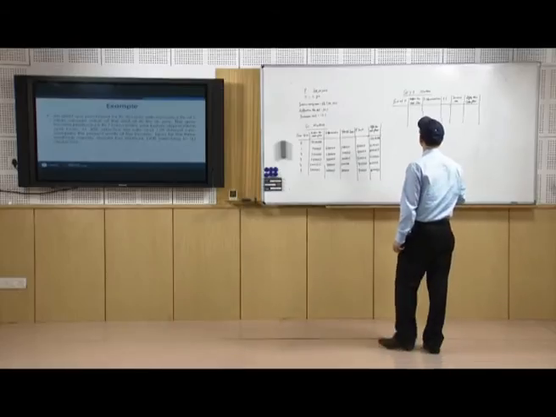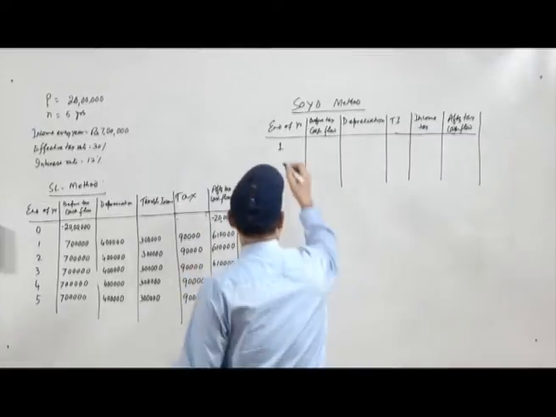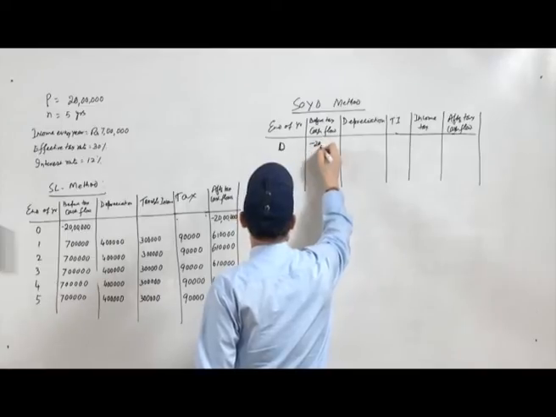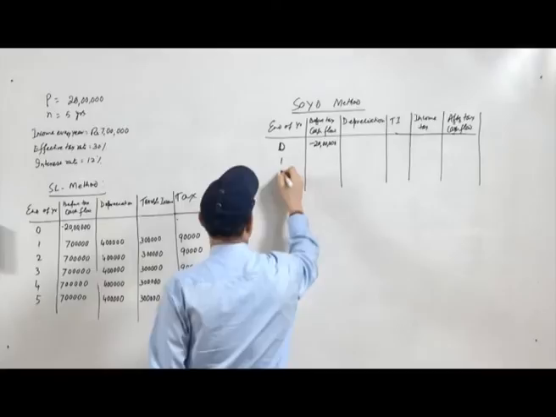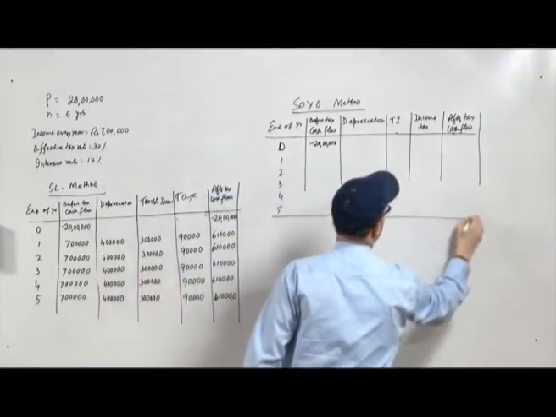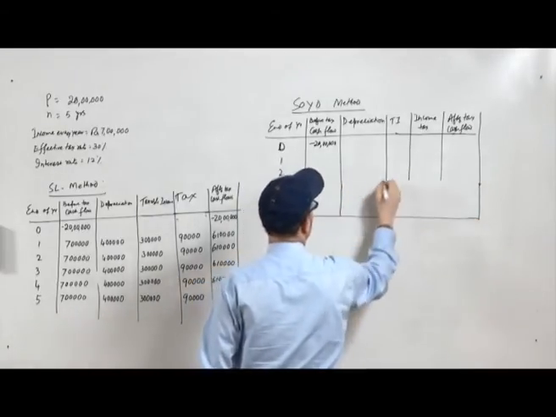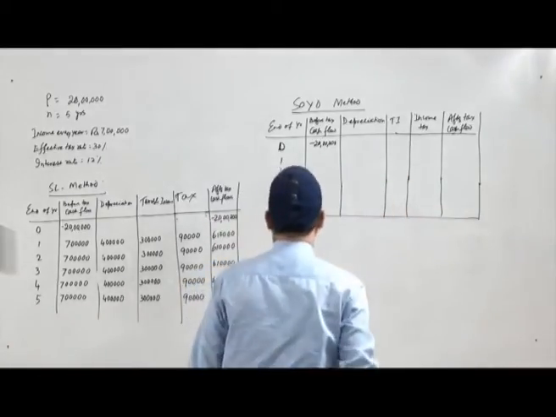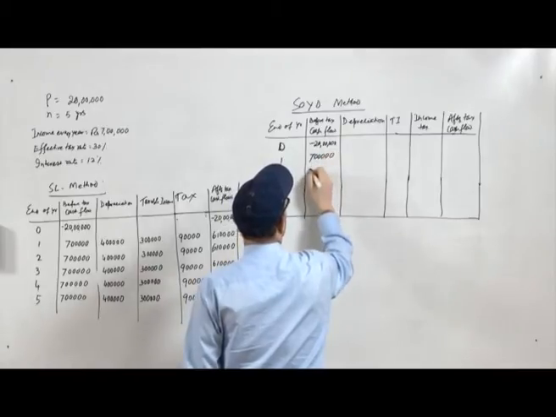In year 0 we have minus 20 lakhs, and then for the 5 years we have an income of 7 lakh every year.